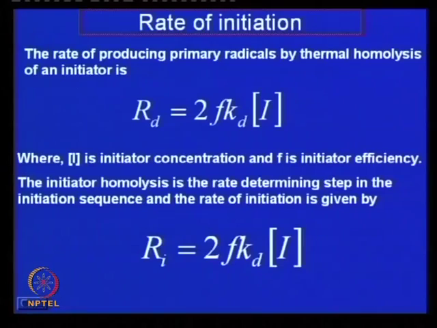So, two things: efficiency of decomposition of initiator molecule as well as efficiency of initiation of monomer molecules by the generated primary free radicals. These two things, please do not confuse. In the decomposition step there is one efficiency parameter, in the initiation step there is also another efficiency parameter.